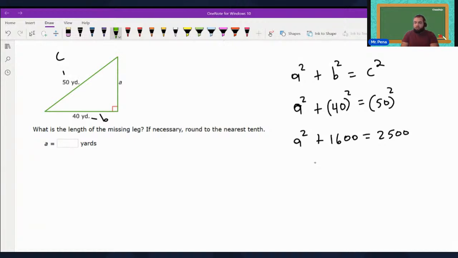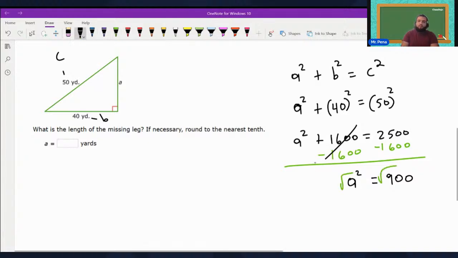Now, move over the 1600. Numbers with numbers, letters with letters. We have 2500 minus 1600, 900. We have A squared. Are we finished? No. We need to take the square root of both sides.